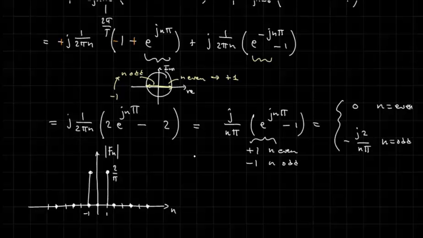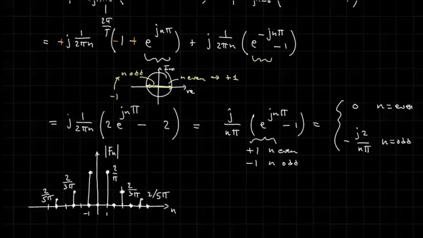Okay, 2 over pi. Then it will be 2 over 3 pi. Then 2 over 5 pi, and so on.